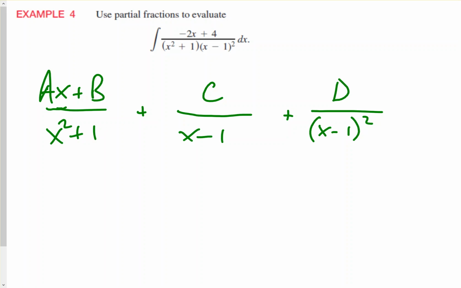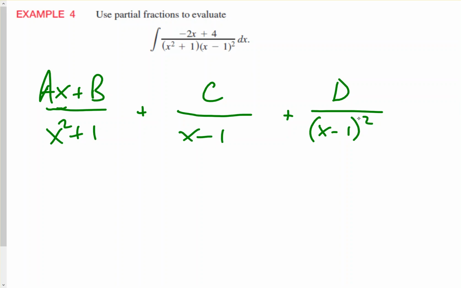Now, another question may arise: you say that here this is a quadratic, we got the linear term. Well, if we expand this, this will be a quadratic, so shouldn't this be a linear numerator? You have a point, yes, it could be, but this denominator is basically a cousin of this one. You have to think about it like that.